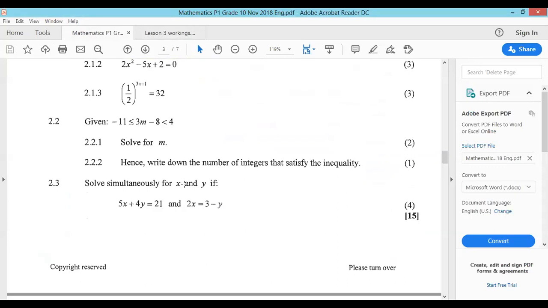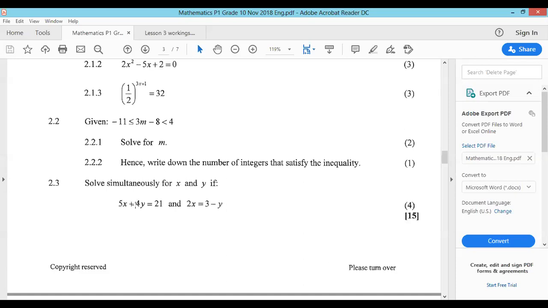When we say solve simultaneously for X and Y, it means as much as you're solving for X, you must also solve for Y. It's like killing two birds with one stone, if I can put it in simple English, not in maths language.